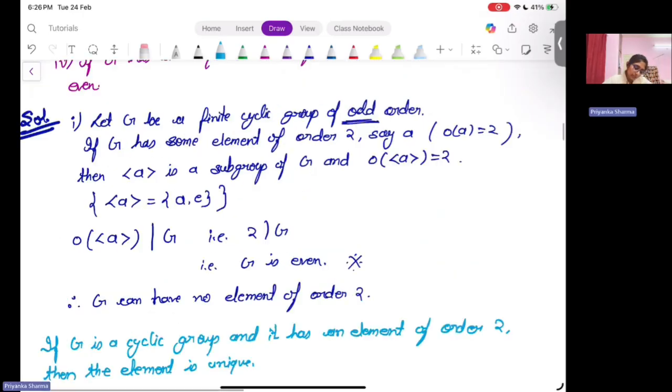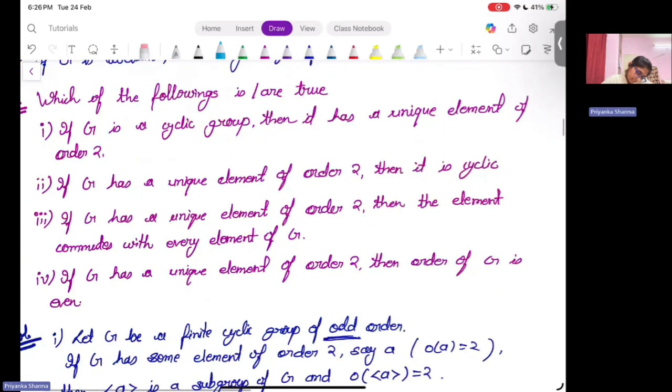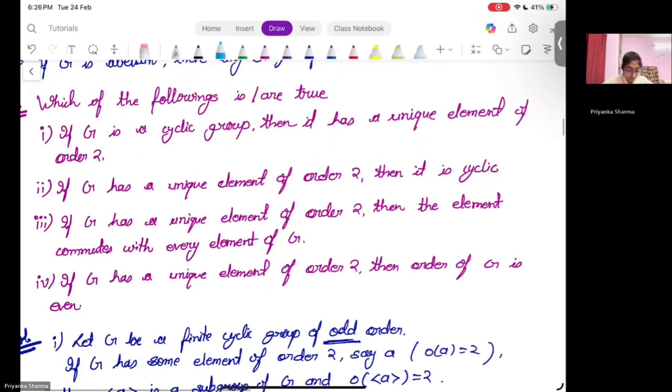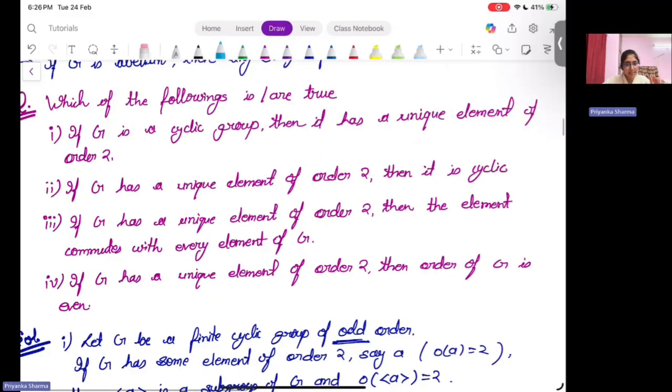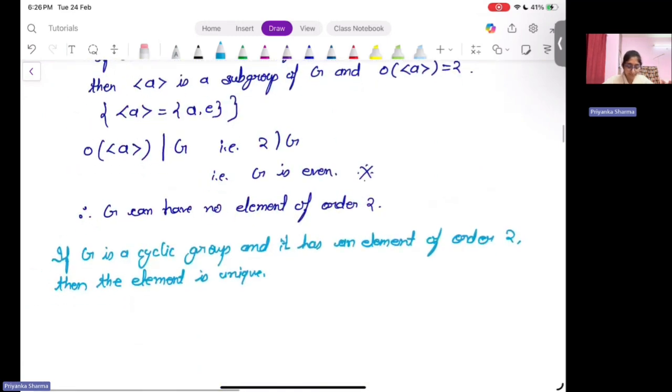Okay, so basically the problem in the first statement was the existence. We cannot be sure about existence of such an element. If existence is confirmed, then we can say uniqueness will be there.